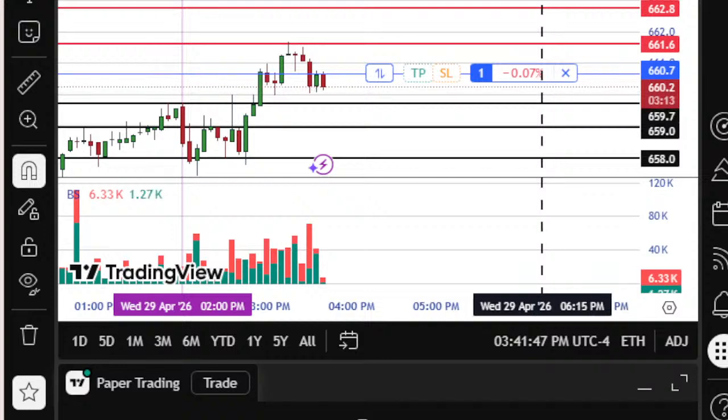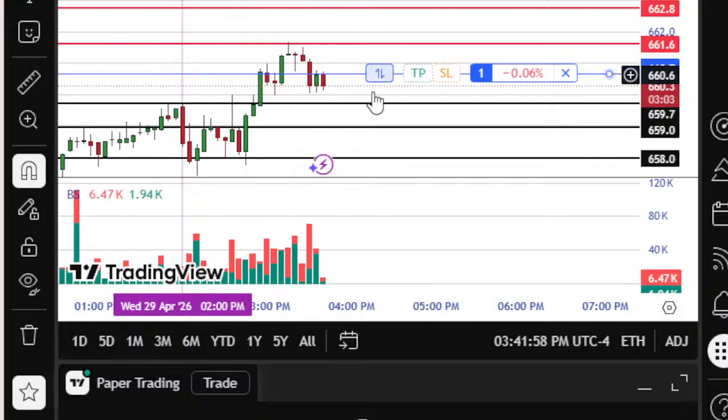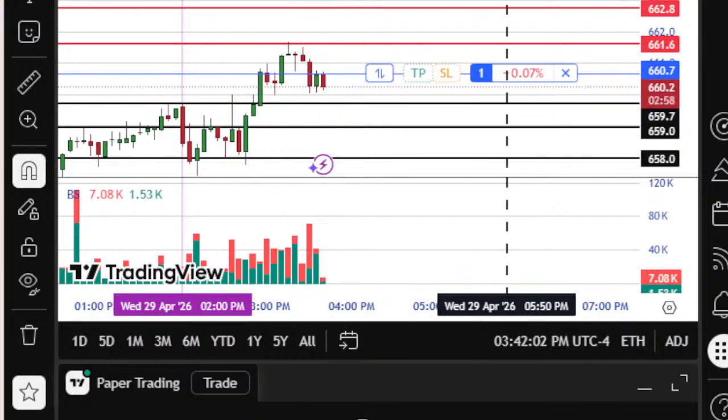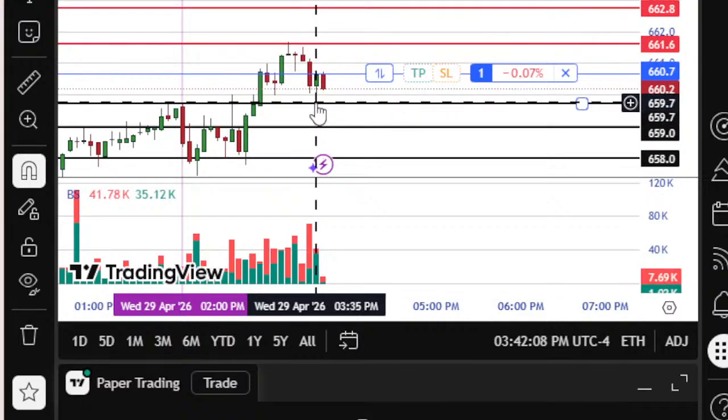So we can say, oh my gosh, this arbitrary support that we have here, right? It may or may not have acted as support or resistance. It may have acted as both.